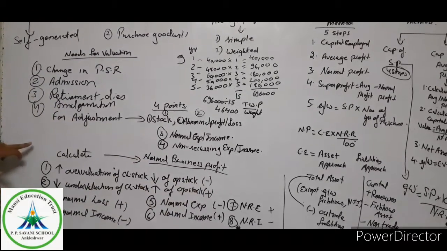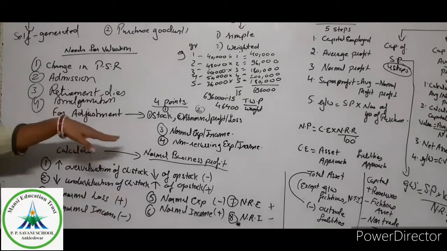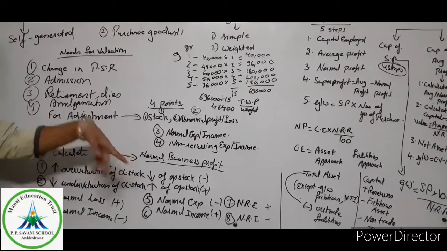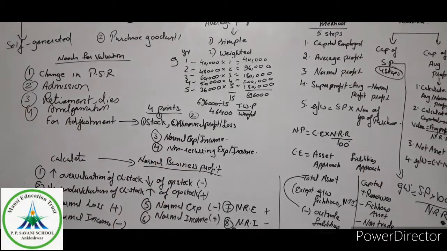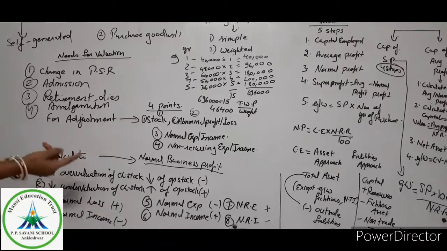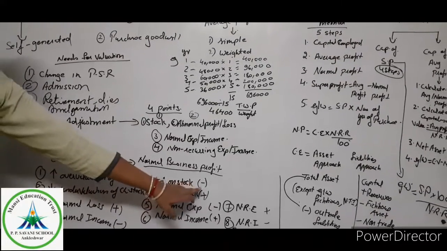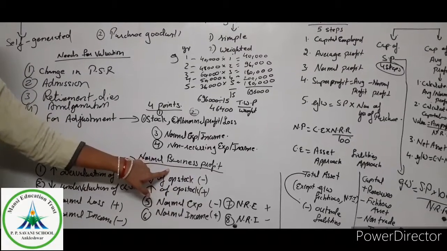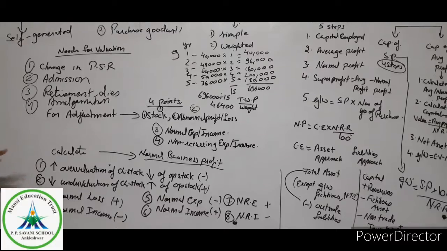Whenever we have to calculate goodwill, we have to derive the normal business profit. So for knowing the normal business profit, overvaluation of closing stock and undervaluation of opening stock need to be deducted. So this is point number 1.